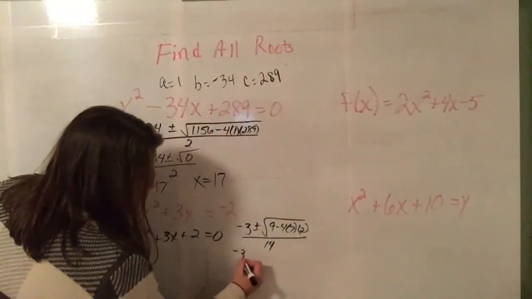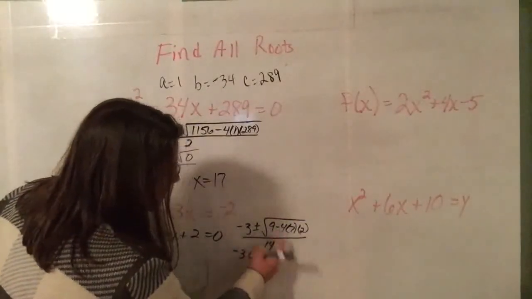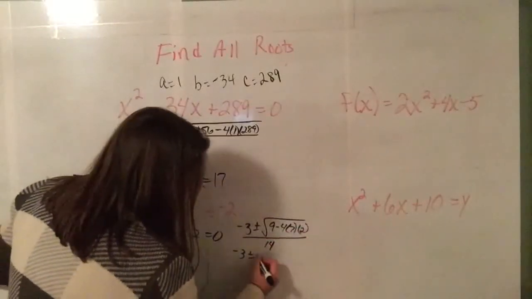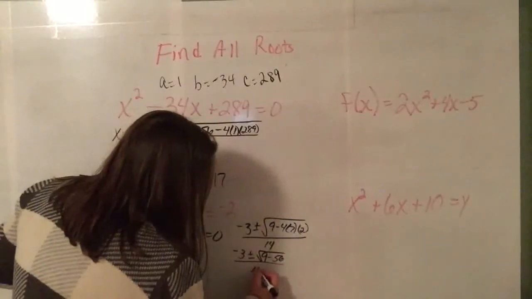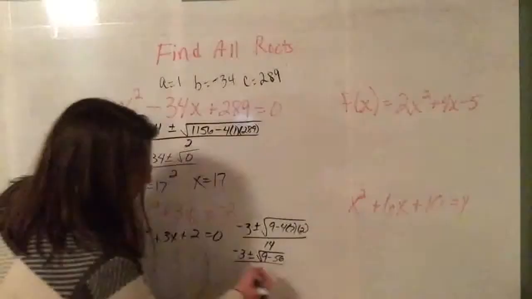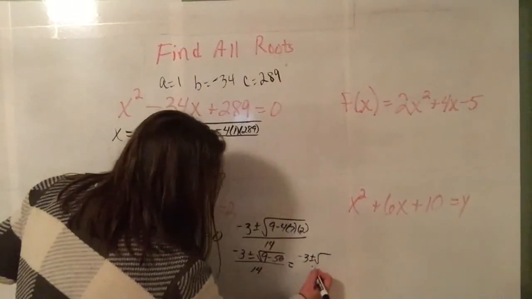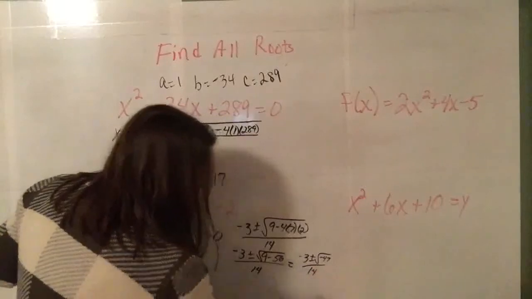Then we're going to do that, negative 3 plus or minus, we've got 9 minus 4 times 7 is 28, times 2 is 56. So we have the square root of 9 minus 56 all over 14. That is equal to negative 3 plus or minus the square root of negative 47 all over 14.